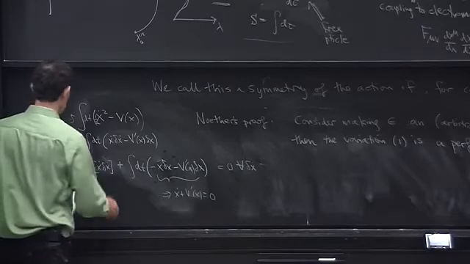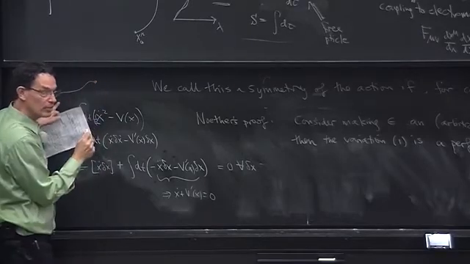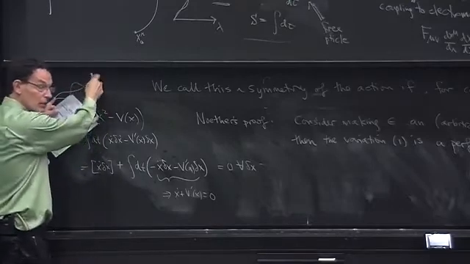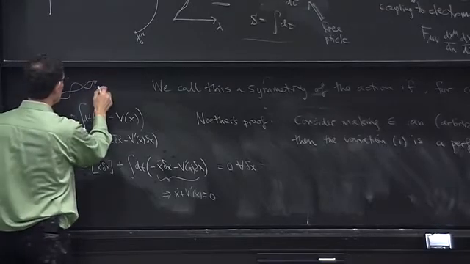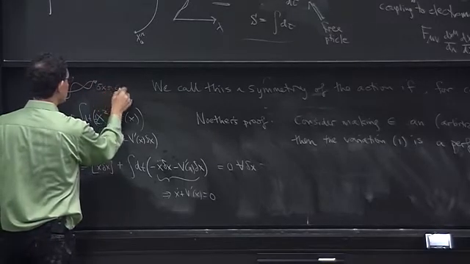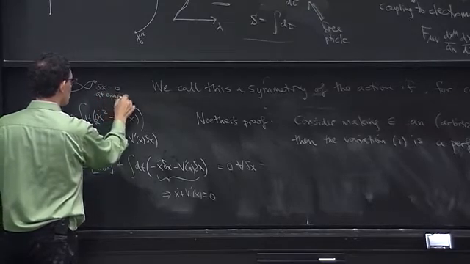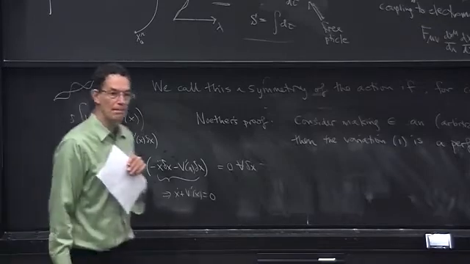All right, so I consider trajectories x of t with the initial and final points fixed, and then I insist that when I vary the path, I don't vary the initial and final values of x. So this would be saying delta x equals 0 at the endpoints. Okay, and in that case, the surface term will be 0.